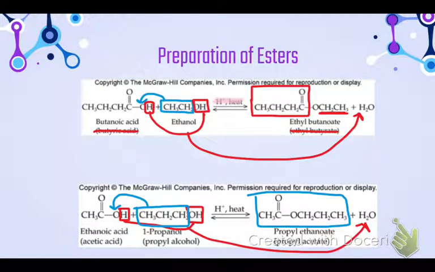So it's taking the name from the 2 molecules that were used to form it. So 1-propanol becomes propyl, and ethanoic acid becomes ethanoate. So we end up with propyl ethanoate, and don't forget we also have that water. We also have those catalysts, or catalyst, the acid, and we need a little bit of heat there as well.